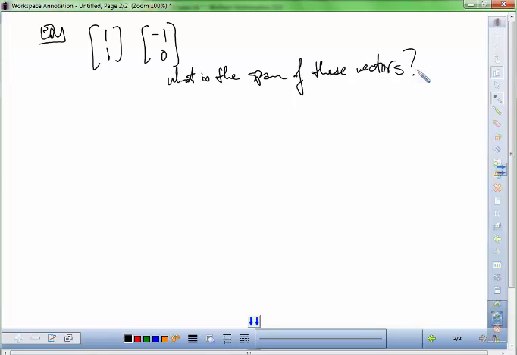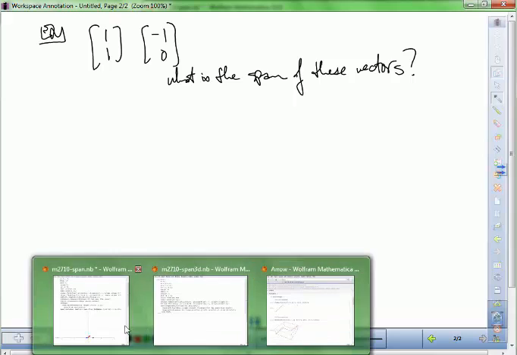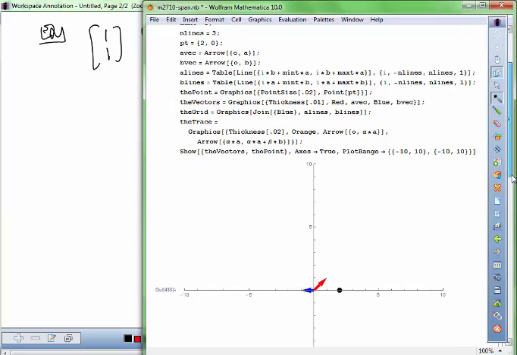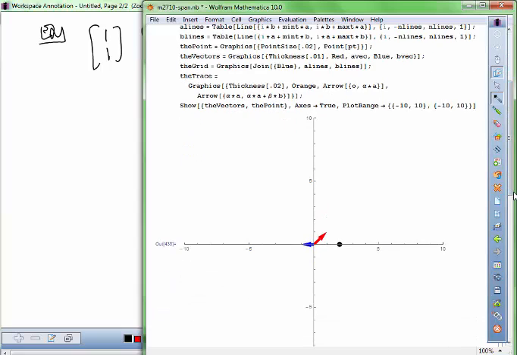Let's look at it from the graphical point of view again. A span, remember, is taking the scalar multiple of each vector, and then you get to add scalar multiples of these vectors. So imagine these vectors being scaled. If I scale this first one, I would have a line going through this red point.